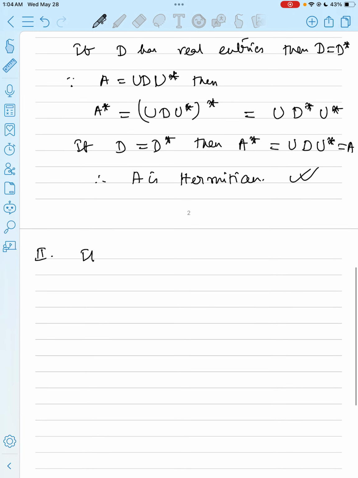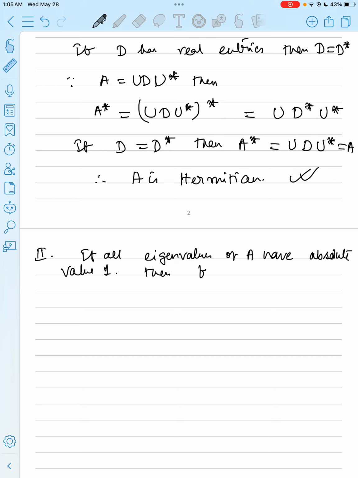So if all eigenvalues of A have absolute value 1, then for each eigenvalue lambda i of A, the absolute value is 1.